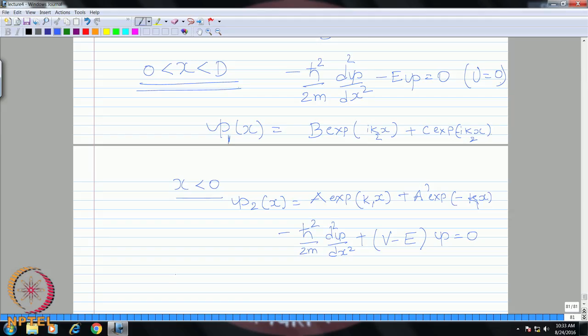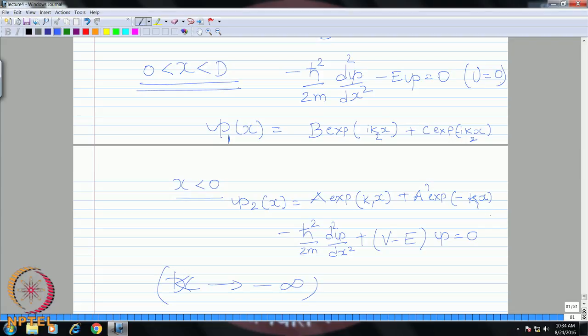The condition is that if you are considering x less than 0, a wave which is basically existing on this part, and if you are talking about x going to minus infinity, what will happen to one of these terms? So, this is x going to minus infinity. So, this will be exponential of infinity minus infinity, whereas this will become exponential of minus infinity plus infinity.